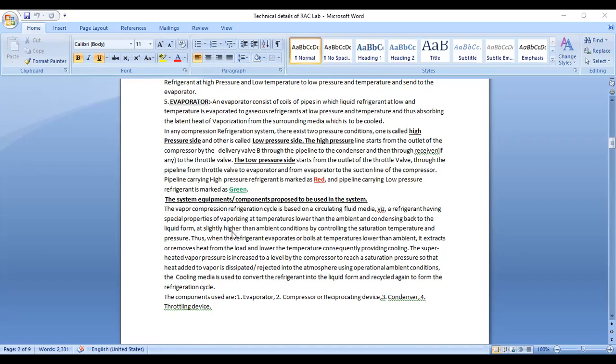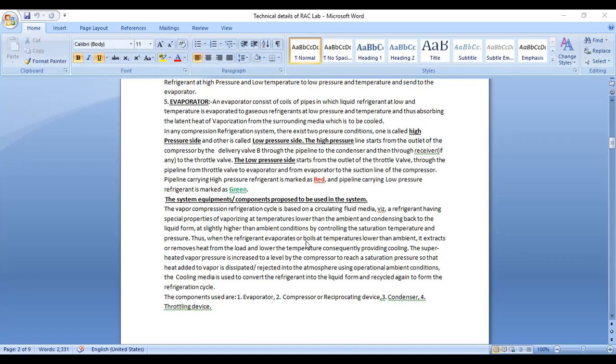So, what are the special properties of the refrigerant? It can vaporize at a temperature lower than the ambient temperature, and at a temperature slightly higher than the ambient condition, it can start condensing.